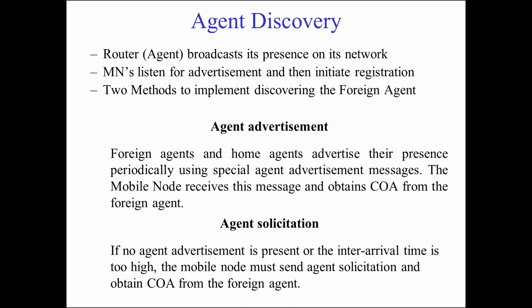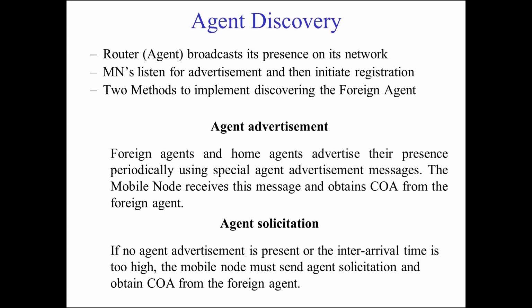Agent means, as I said, router. Every router will broadcast an advertisement message to tell about its presence in the network. So agent discovery is a process of introducing the agent and the mobile node.